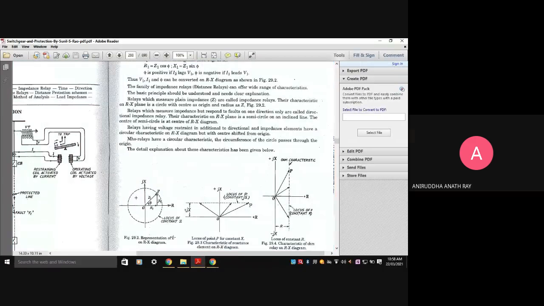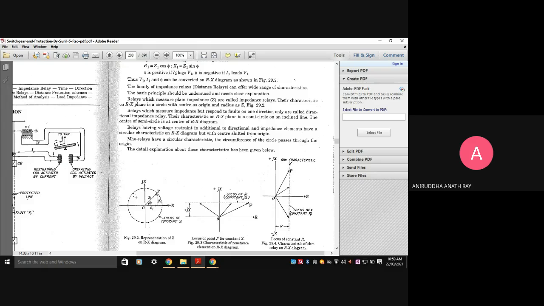Their characteristic on the RX diagram is basically a circle with the center at the origin and radius Z, that is impedance.